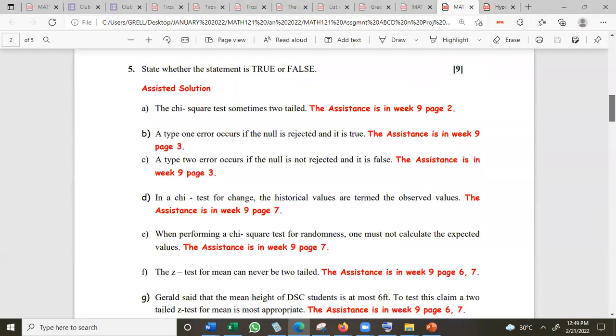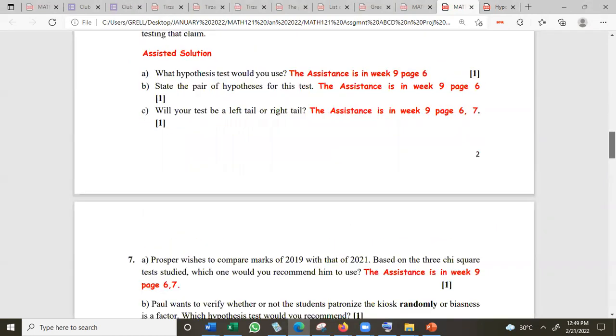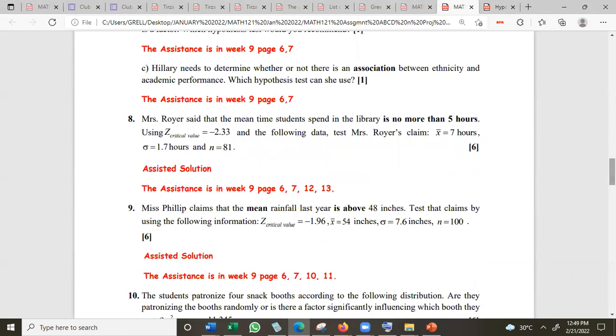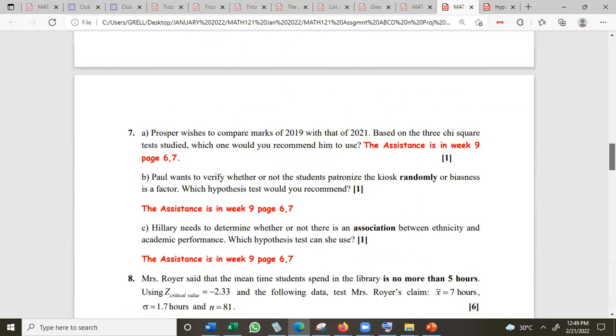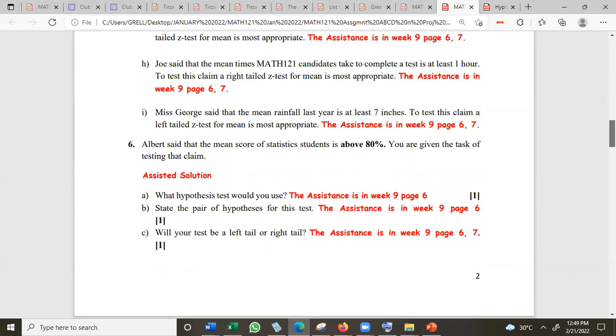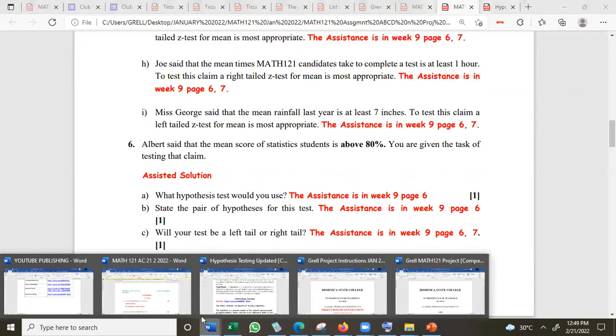Number 5, state true or false again. This can be done. From number 6, that's where we're going to start discussing. The worksheet has been prepared.